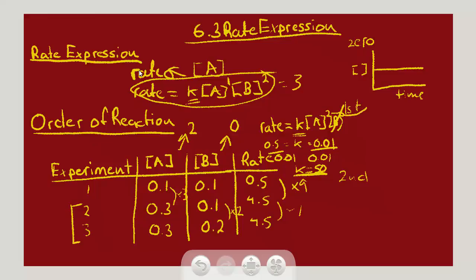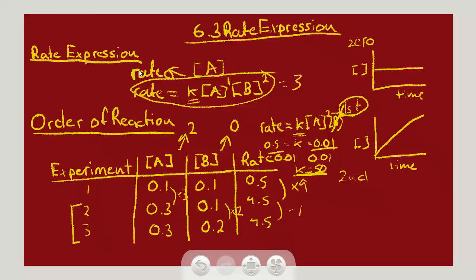So this is relevant to the first order, where the rate is directly proportional to the concentration. So we would see a gradient of 1, and it would look something like this.